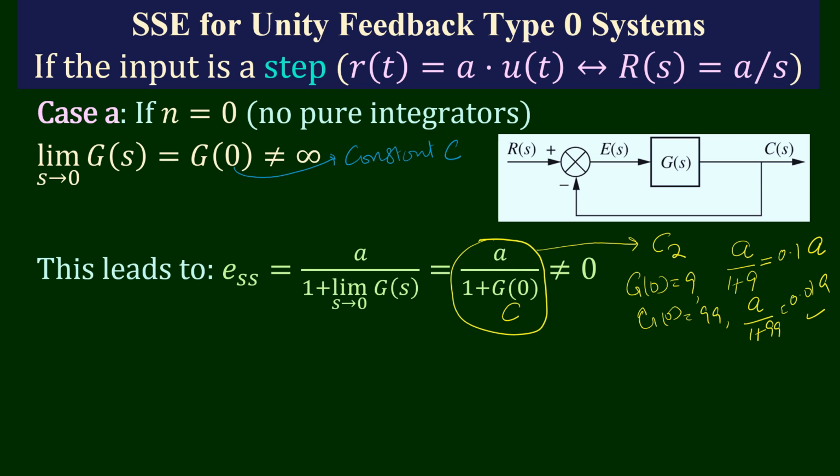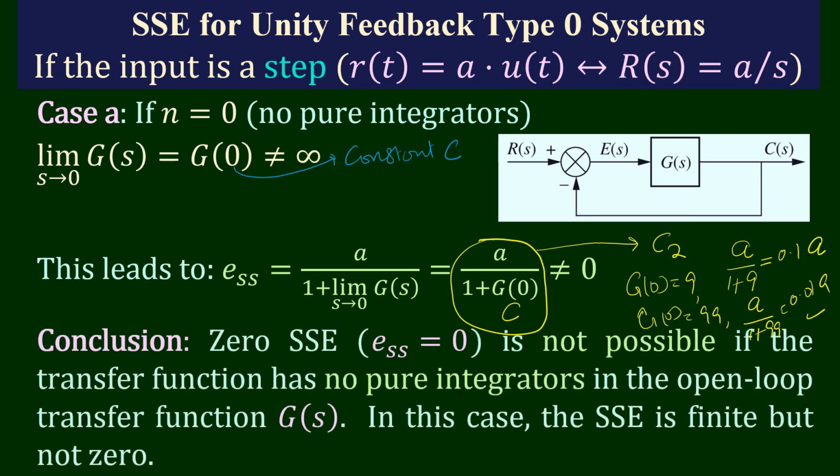So the conclusion is that if the system is a type 0 system, then the steady state error for the step input will never reach 0. It can become smaller and smaller as you increase the gain of the open loop system, but there will always be some steady state error.